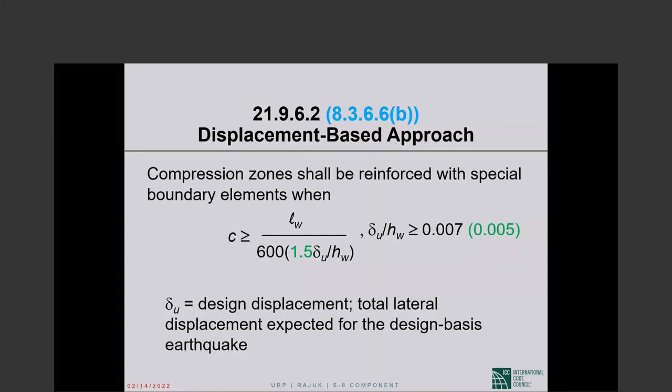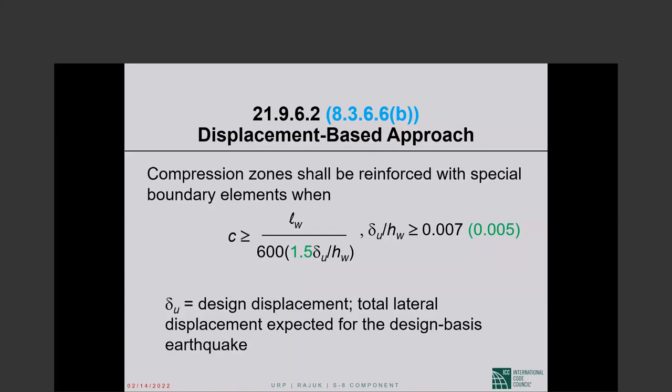ACI 318.14 is telling us to design our shear wall for maximum considered earthquake displacements. And maximum considered earthquake is 1.5 times the design earthquake. That's where the 1.5 comes from.